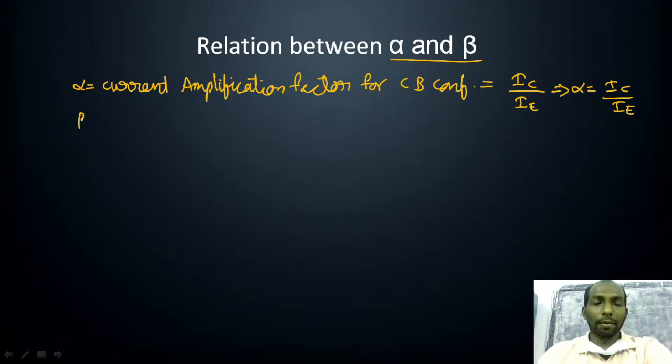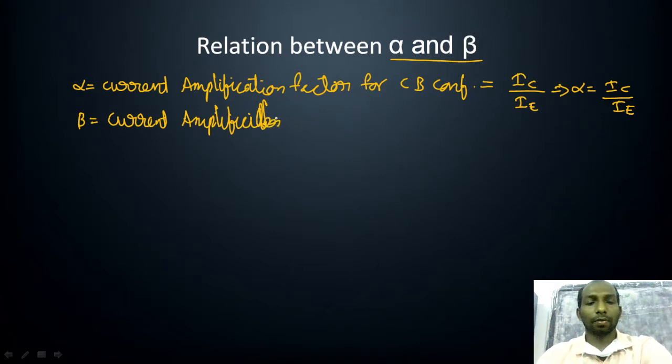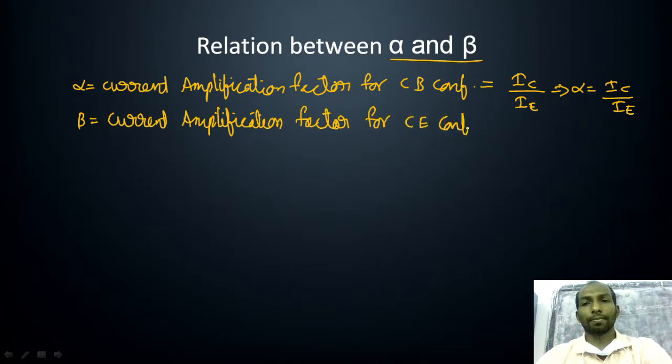Similarly, beta is the current amplification factor for CE configuration. For CE configuration, the emitter is common to the base and the collector, input and output.